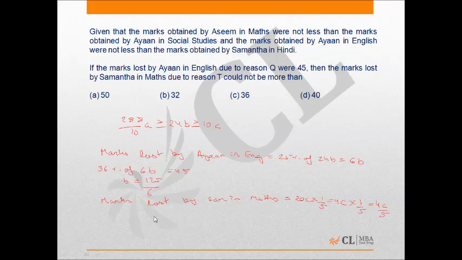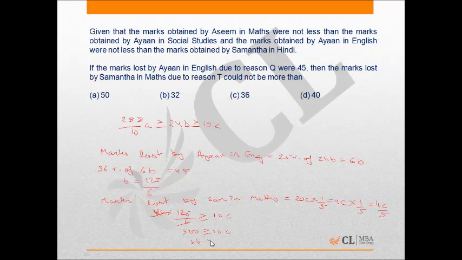I know that B is 125 by 6. So I can say that 24 into 125 by 6 is greater than or equal to 10C, or 500 is greater than or equal to 10C.